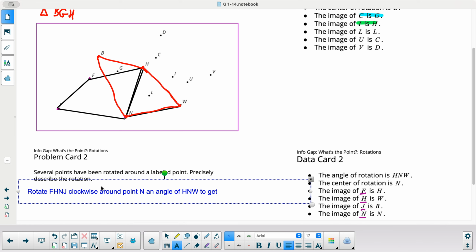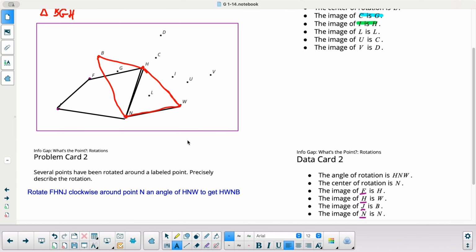And I could even say, I'm going to stay in order here. So the image of F is H, image of H is W, N is N, and then J is B. Now this last part is kind of optional, but there it is.